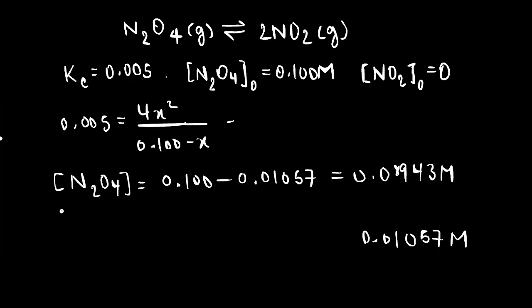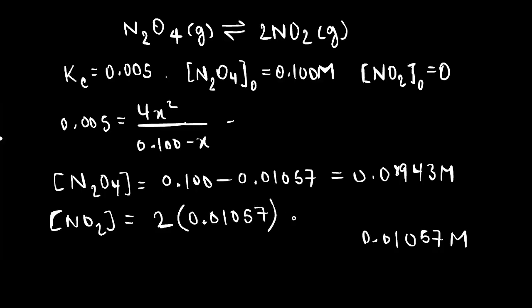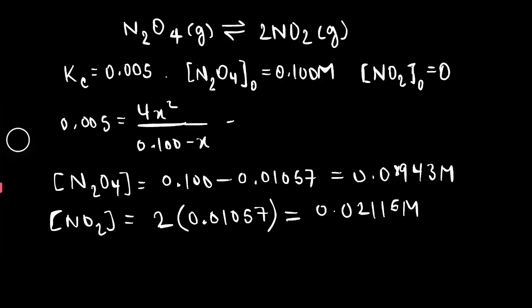And then for our NO2, it's just 2 times x, 2 times 0.01057, which is equal to 0.02115 molar. So then these here are going to be our true equilibrium concentrations.